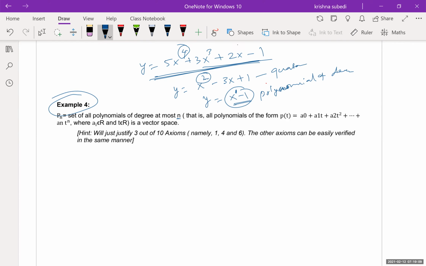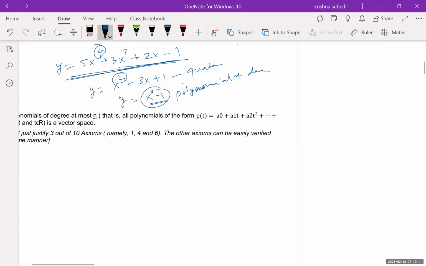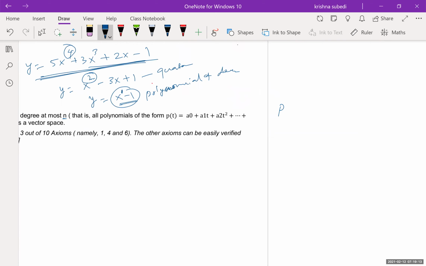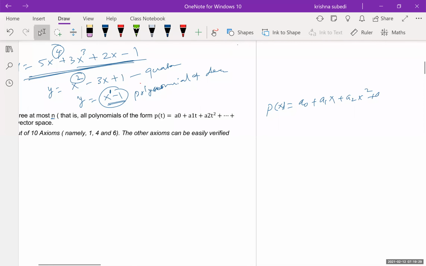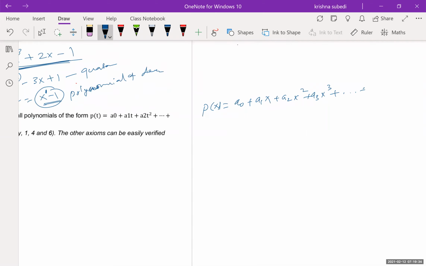So the pattern of the polynomial is this. The standard general form of polynomial is, if I write p of x, that will be some constant a0, plus a1x plus a2x squared plus a3x cubed plus all the way up to an x^n.